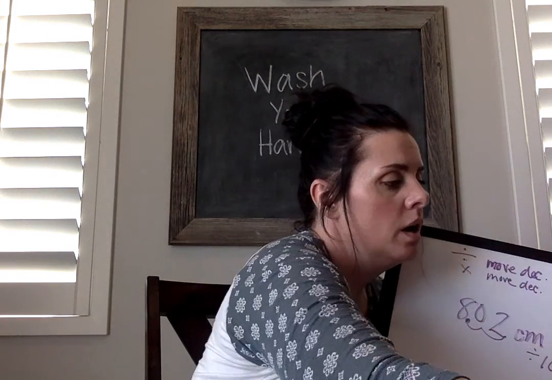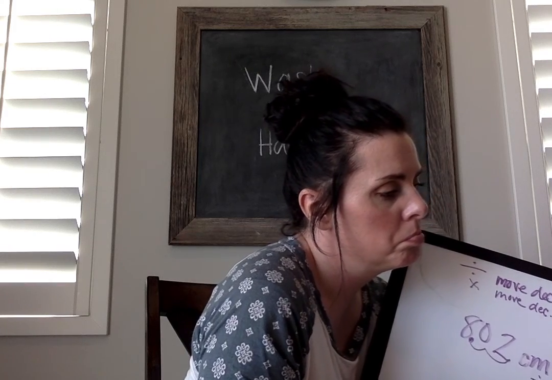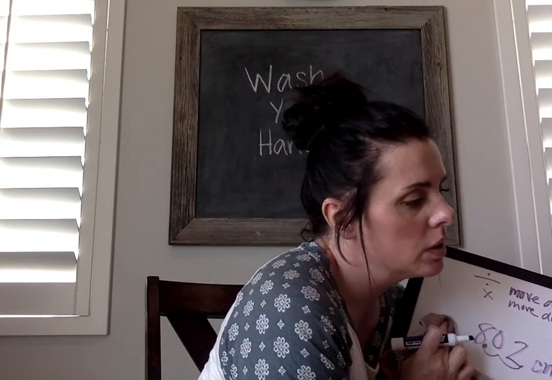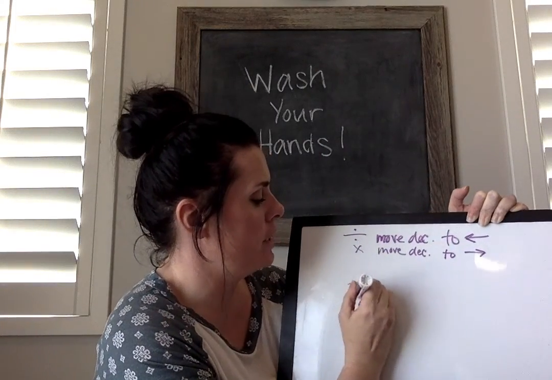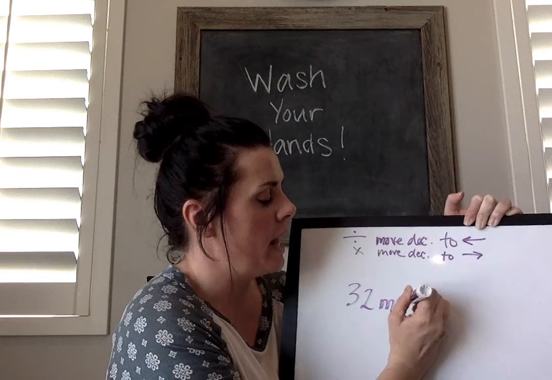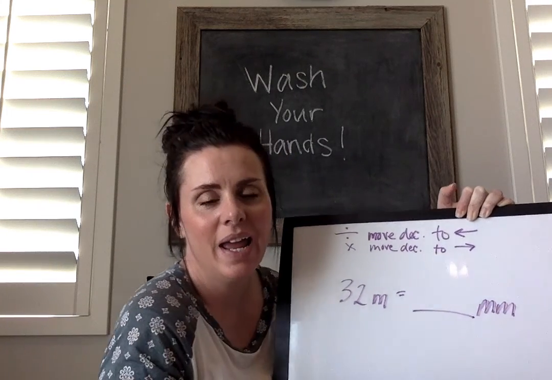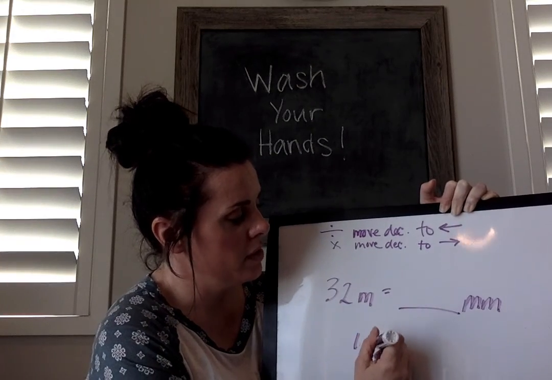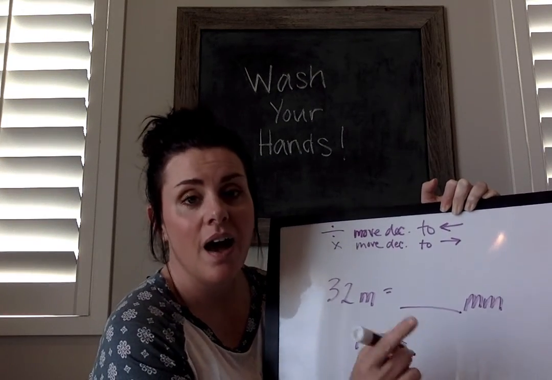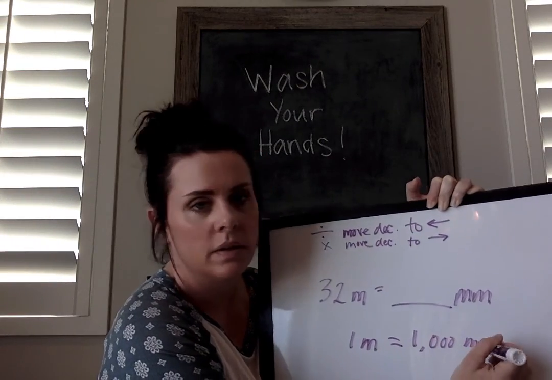Okay. Let's skip. Let's do number 6. Okay, I've got 32 meters, and I'm converting it to millimeters, right? Okay, so let's go. 1 meter is 1,000 millimeters, right?